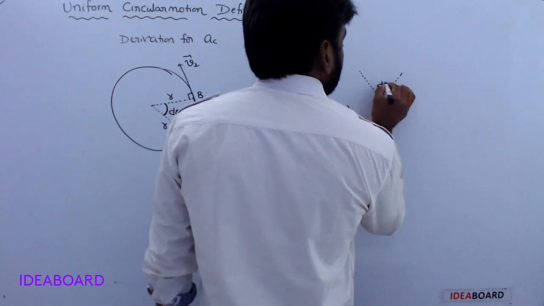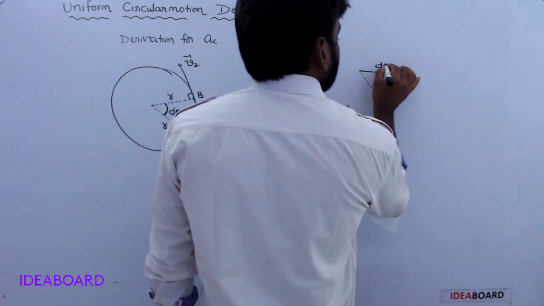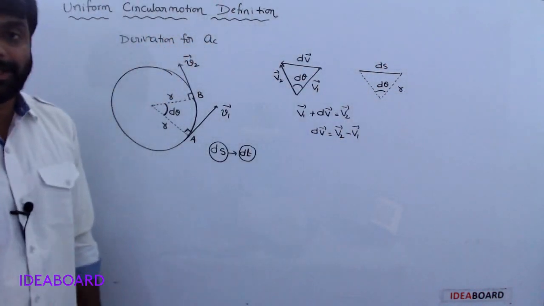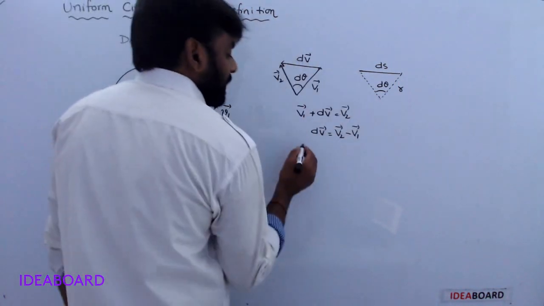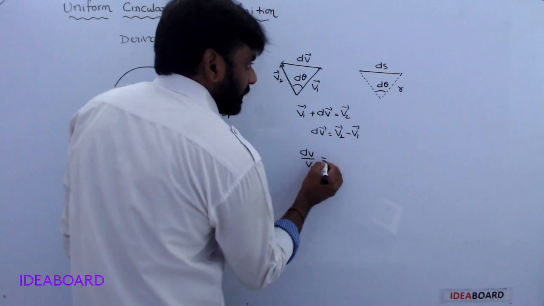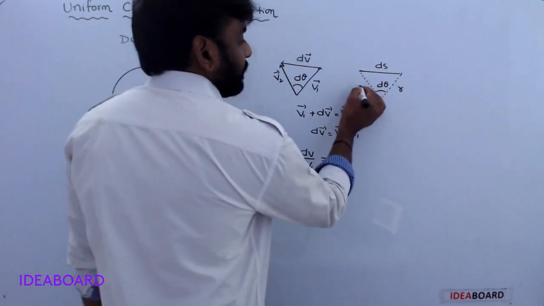This angle is d theta, this one is ds, r. Now these two are similar triangles. Comparing, dv by v1 is equal to ds by r.